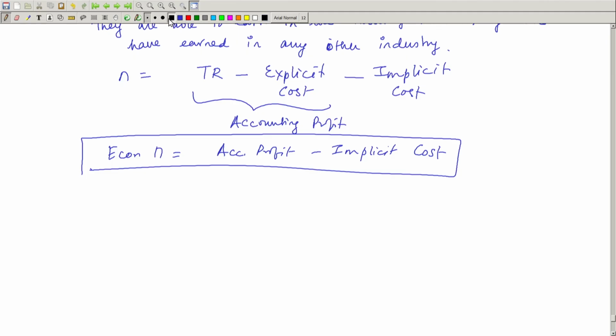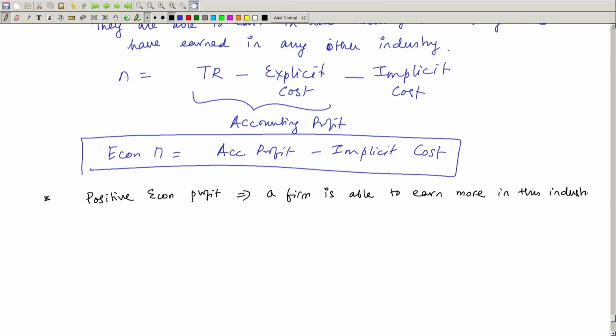So, positive economic profit means that a firm is able to earn in this industry more than what it would have earned elsewhere. Than what its competitors in other industries are earning.